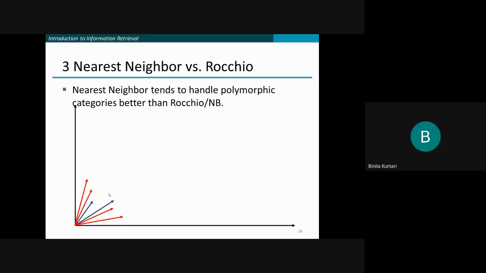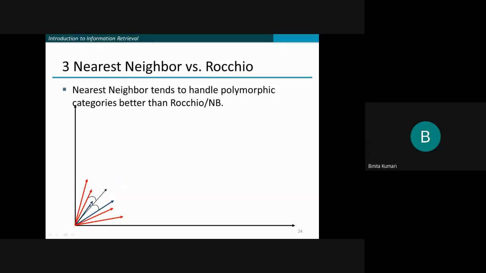Nearest neighbor tends to handle polymorphic categories better than Rocchio or naive Bayes. As we have seen, Rocchio was unable to handle these types of situations. 3NN can. So here you see we have a test document. We find the nearest documents. These are the three nearest documents.